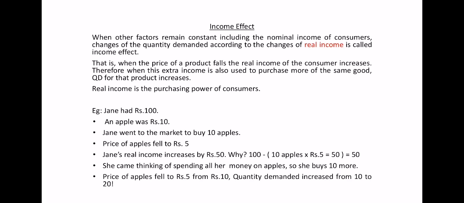This remaining 50 is her extra real income. So when she spends this extra 50 also on apples, she'll be buying 10 more apples, because one is only 5 rupees. So she'll end up buying 20 apples. So when price falls from 10 to 5, quantity demanded increases from 10 to 20.